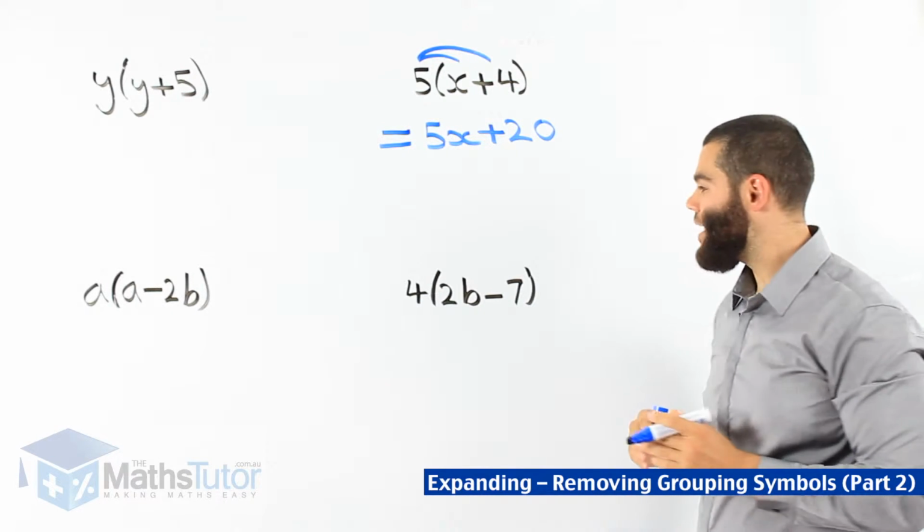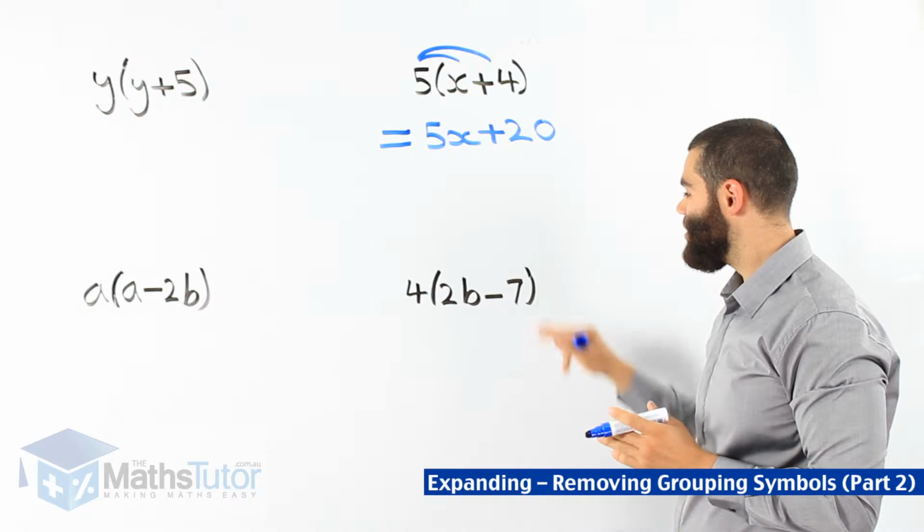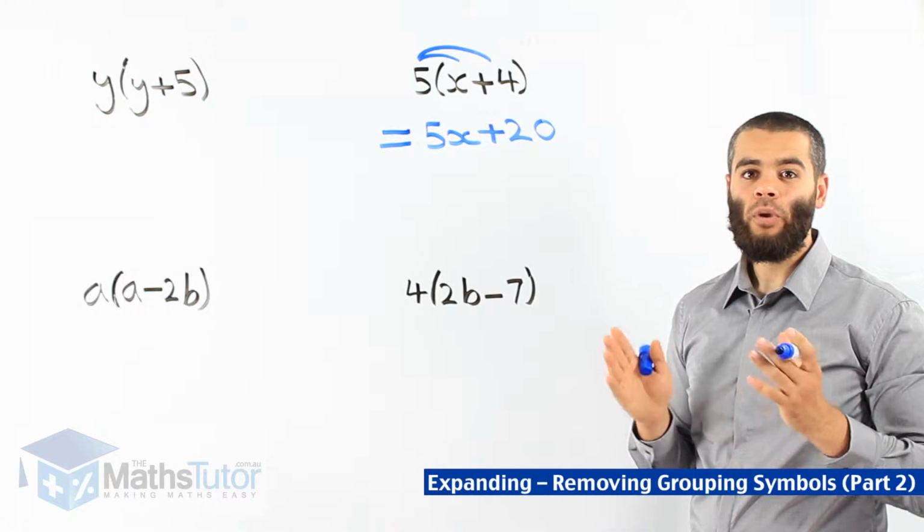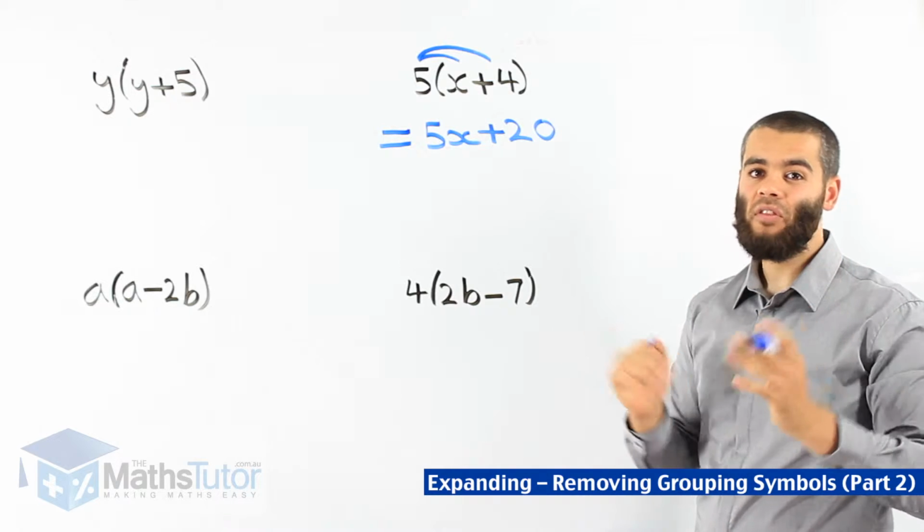4, open bracket, 2b minus 7, close bracket. Again, we know 4 times everything inside.